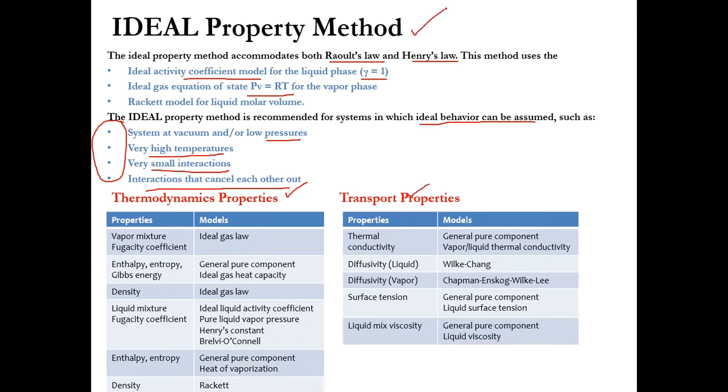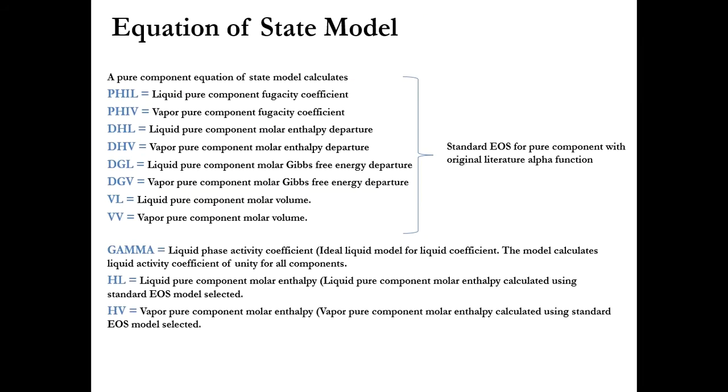We have already discussed this in our thermodynamic lecture as well. Equation of state model: PHIL, liquid pure component fugacity coefficient; PHIV, vapor pure component fugacity coefficient. Similar is for DHL, molar enthalpy departure for liquid, and same for vapor.